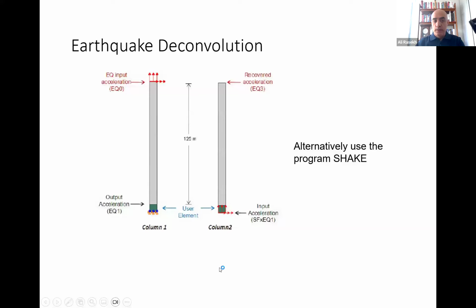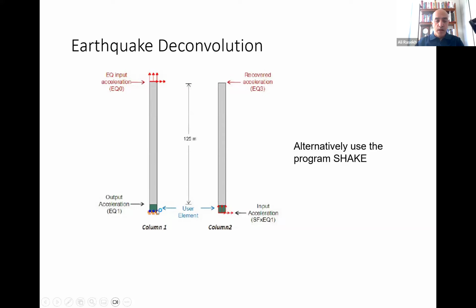And we normally go through a process that we call earthquake deconvolution. And the reason is that the geologist normally gives us the earthquake at the surface. However, our models receive the earthquake, or we apply the earthquake to our models, at the base of the model.